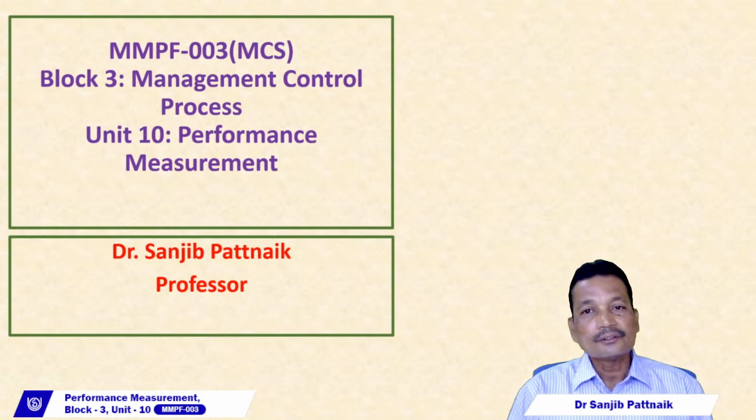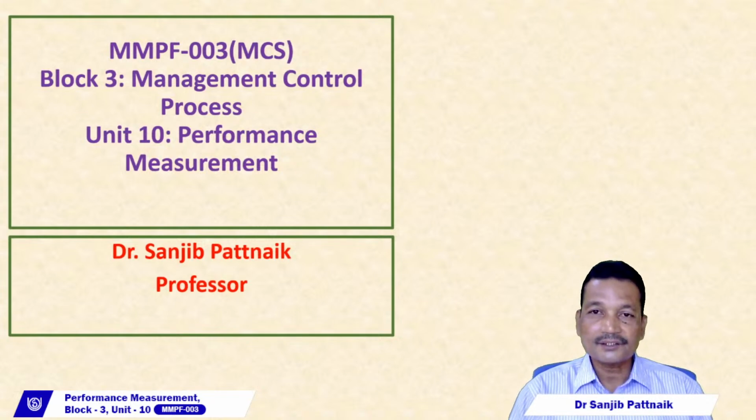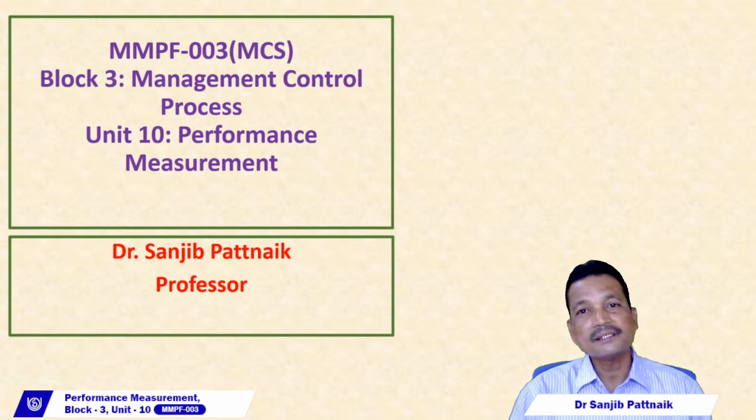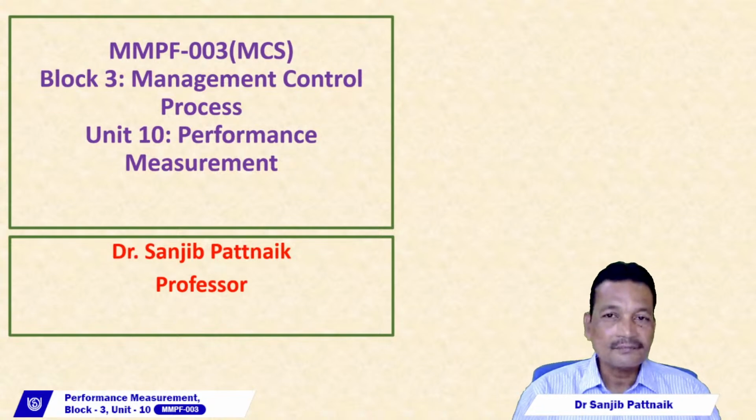There we saw different types of budget, characteristics of budget, how the budgets are implemented. Then we saw the various types of reports for different levels of management.